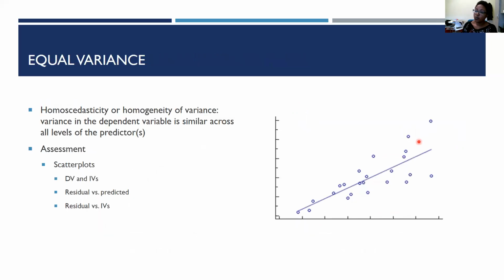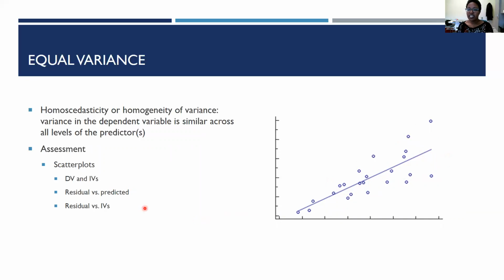So remember, this is where the variance in the dependent variable is similar across all levels of the predictor, right? And so here's a scatter plot of your independent variable versus your dependent variable. And here you can see how that variance gets wider. The spread of the data gets wider as you go further out on your x-axis.